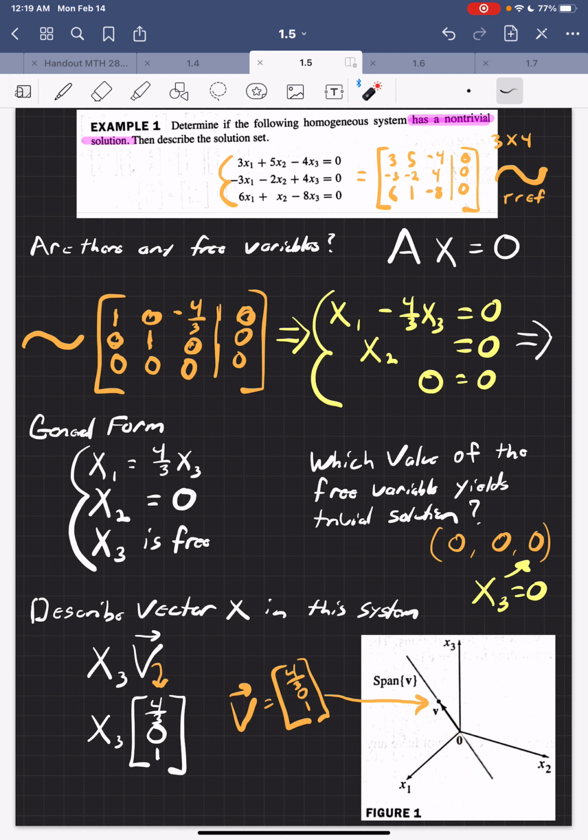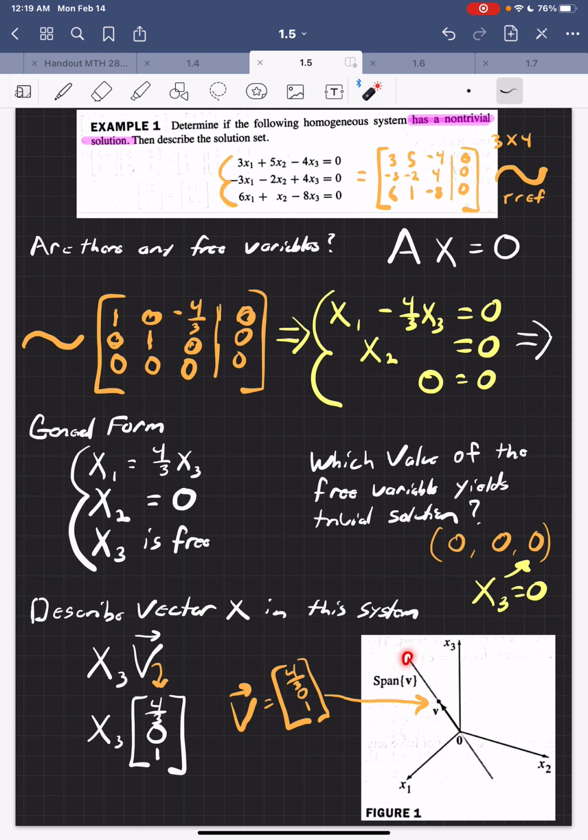Now, do you understand that every point on this line is simply this vector scaled by whatever you choose for your free variable? You can reach any point you want on this line by choosing a different scalar, a different value for your free variable.